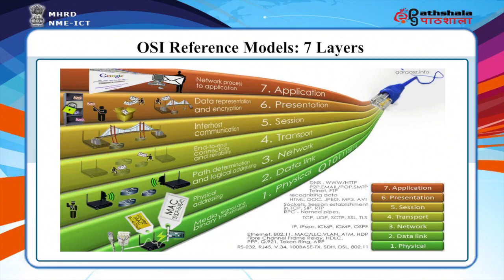So a picture is also given to understand the process and responsibilities in each layer, the transport layer. Then inter-host communication, that is the channel established between two hosts, is in the session layer. Then data representation and encryption in the sixth layer. Then network process to application.